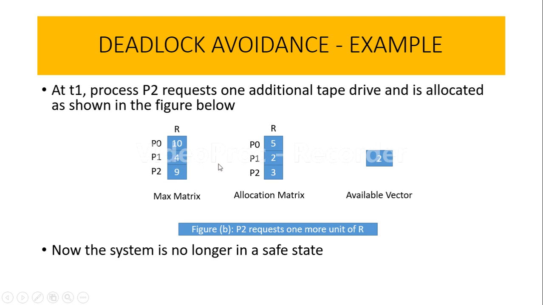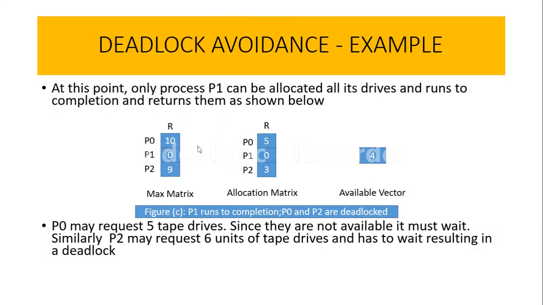So 2 is available, 2 more required, availability is also 2, hence we are allocating the resources and P1 runs to completion. After that, the entire system will look something like this.